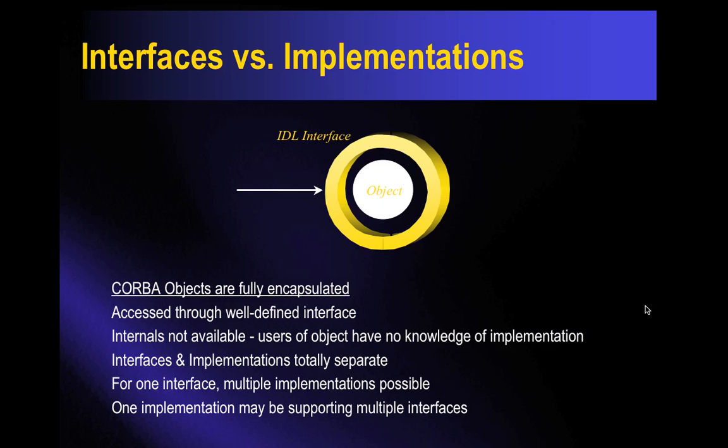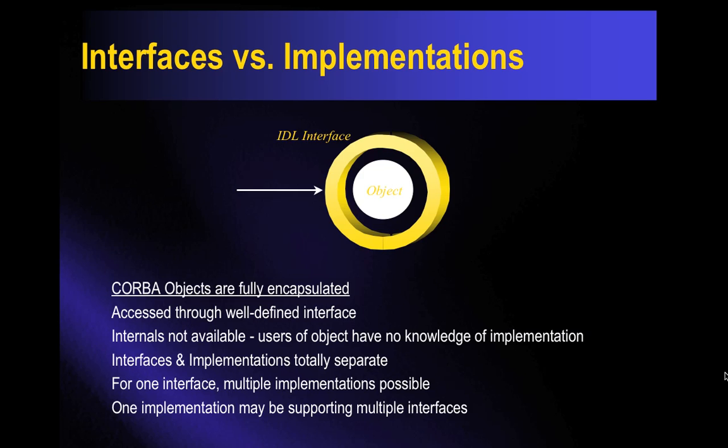CORBA objects are fully encapsulated, also are Java objects. Accessed through well-defined interfaces, sort of the same with an RMI interface object. It gives the available methods that are associated with that remote object. Internals are not available. Users of the object have no knowledge of the implementation. Sort of true for Java as well.